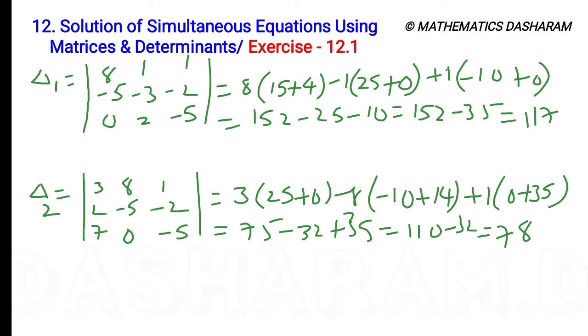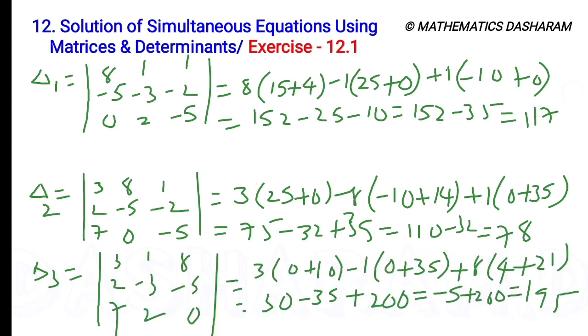Actually, here delta 2 is not required, because in the question he asked for i3, and i3 means the z value. Anyhow, I found delta 2. Next, delta 3: replace the third column elements in the delta matrix with the constant numbers. So it equals 195.